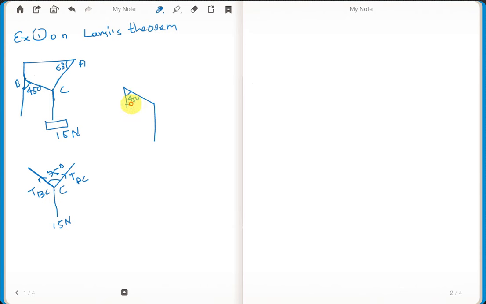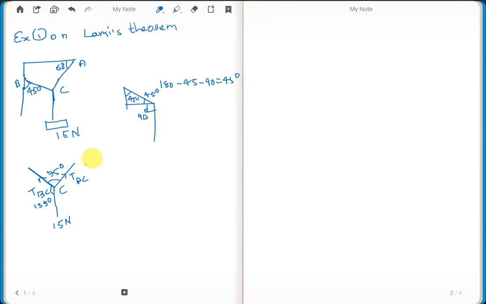When you draw the horizontal line, this one will be 90 degrees, so this one will be 45. Again, 180 minus 45 minus 90 will give you 45 degrees. Now this one will be 90 degrees. So 90 plus 45 will give you 135. That means this angle of inclination is 135 degrees.